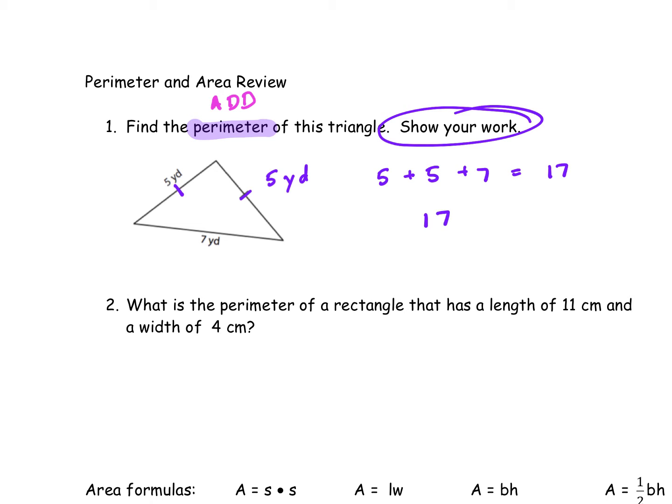So the perimeter of this is 17 yards. And there's no little square on it. So perimeter is just a linear, one-dimensional measurement.